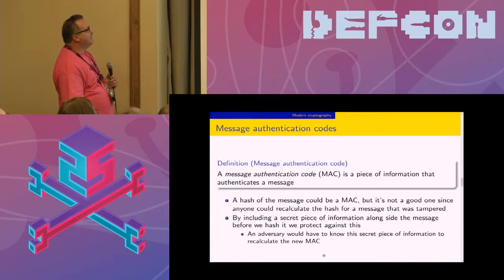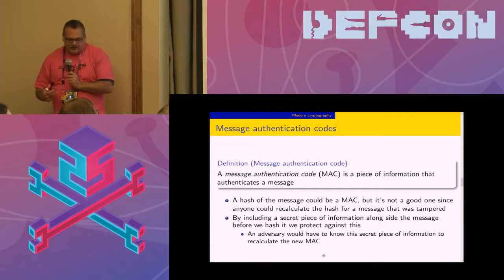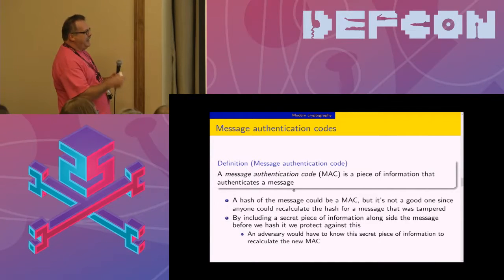Okay, so now message authentication code. This is where we get to a little more of the meat and potatoes of this. We could make some kind of code, a piece of information that will authenticate that message or that frame of data or PDU. All of those are essentially the same thing.